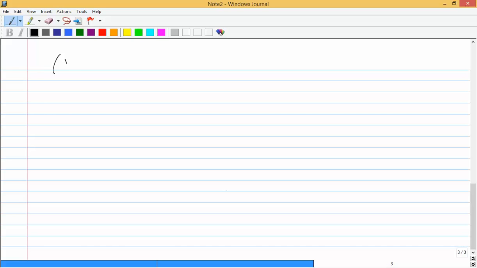So if I had 2 points, let's say x sub 1, y sub 1, z sub 1, and x sub 2, y sub 2, z sub 2. If I wanted to find the distance between those 2 points, then we would just use the distance formula. This is one of the first things that's covered in 11.2.